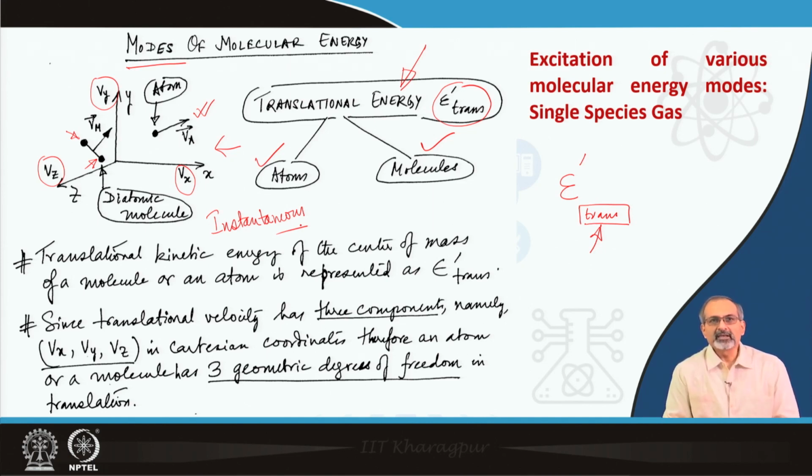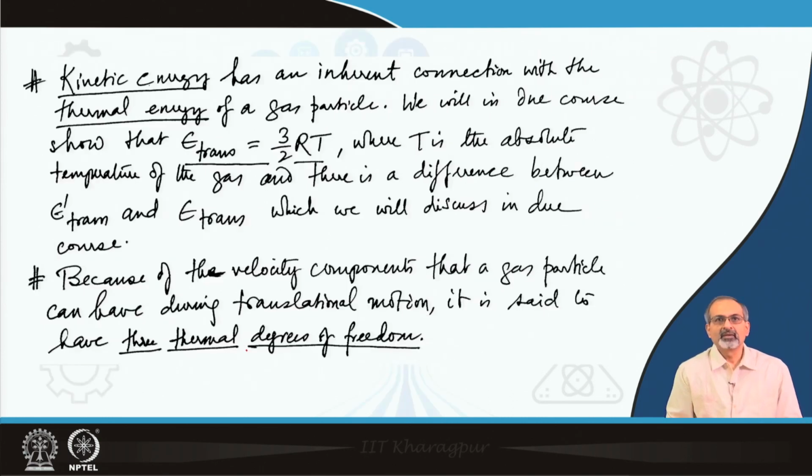Now, the translational kinetic energy of the center of mass of a molecule or of an atom is represented by this term. Since translational velocity has 3 components, as we have already seen, therefore, the atom or molecule has 3 geometric degrees of freedom in translation. Associated with this is also thermal degrees of freedom, and we need to understand why that happens.